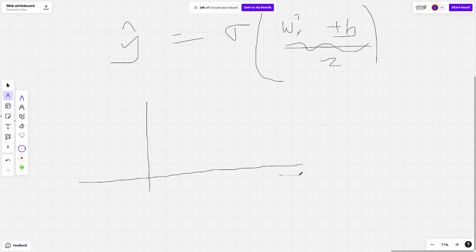Consider this as the Z axis, and this will be our 1, where the curve goes up will be 0.5, and this is really near to 0, so we will approximately assume this is 0. So that's our sigmoid function.